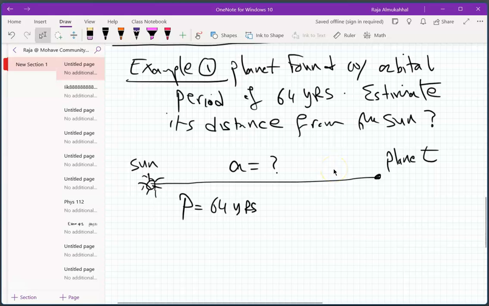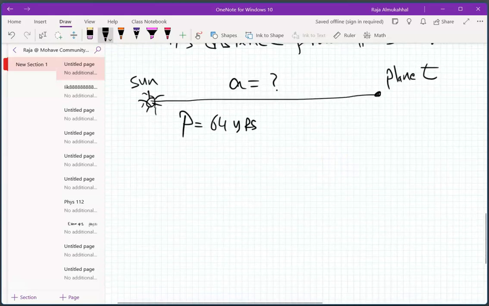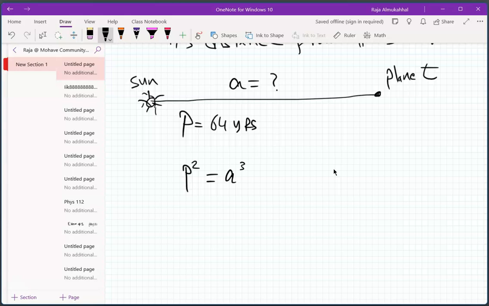Planet. Okay, so what we do, we go to Kepler's third law, and you definitely need to use the calculator. So bring out your calculator and let's calculate it together. Kepler's third law says period squared equals a cubed. I am solving for a cubed, so I like to put the a cubed on the right-hand side. Again, that's just my taste.